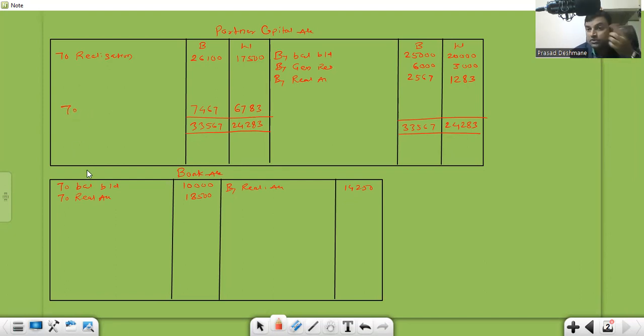Now, generally, we used to write carried down and brought down balances. But since it's not a going concern, there's no carried down, no brought down. So we need to finish it by paying them. When I'm paying them, what will I write? To bank. Since I got it on the debit side over here, I'll go on the credit side, by B and by W capital accounts.